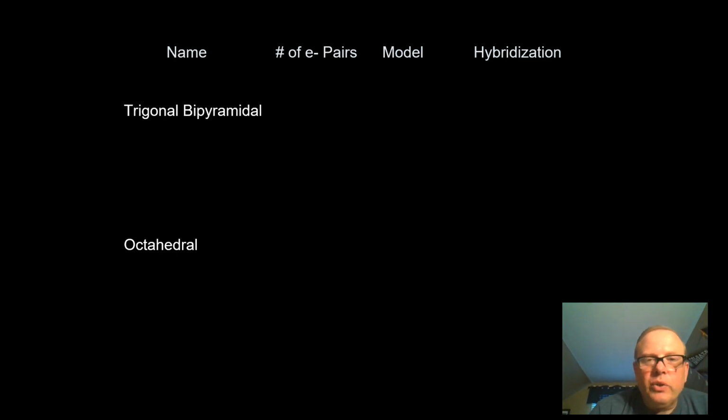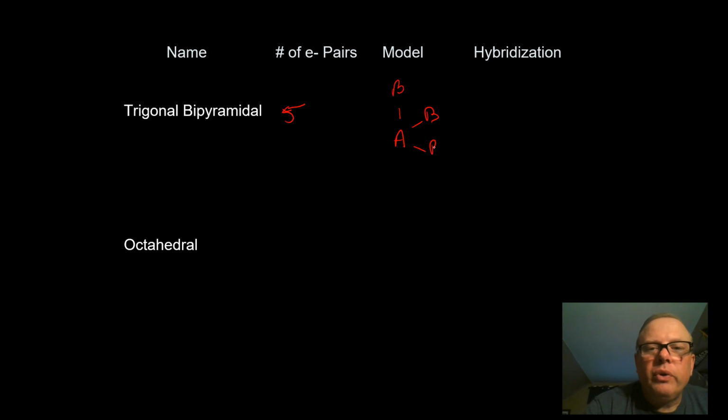Okay, the last 2 shapes are always exceptions to the rule. So these here are going to go past the octet. So here we're going to have 5 pairs of electrons. Obviously, it's past an octet because an octet is 4 bonds of some description, 8 electrons total. We're going to take A and we're going to bond 5 things to it. So 1, 2, 3, 4, 5.